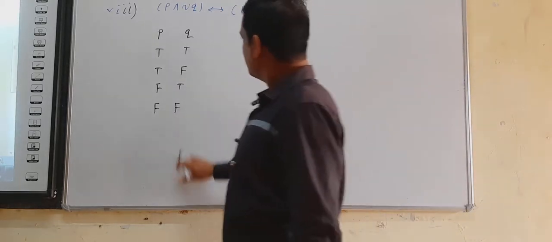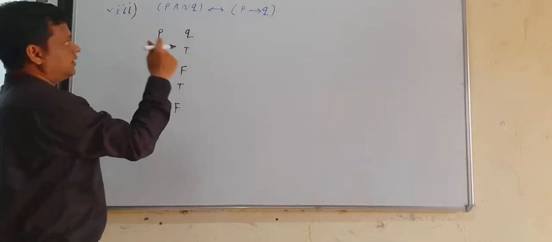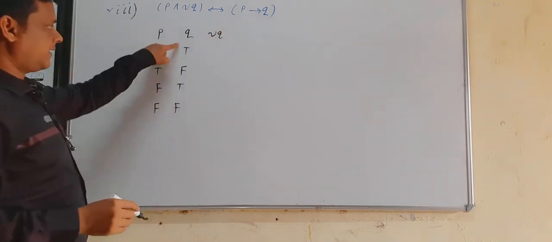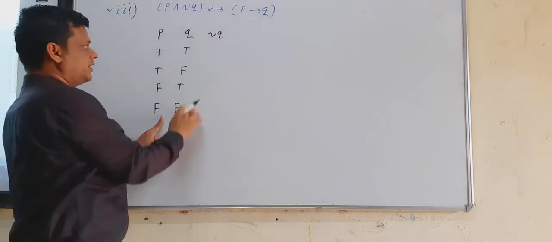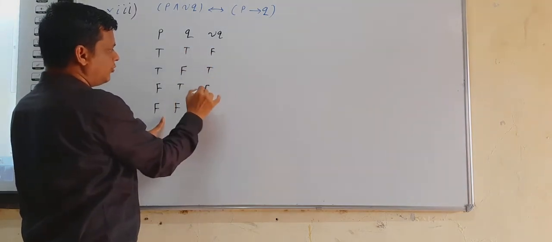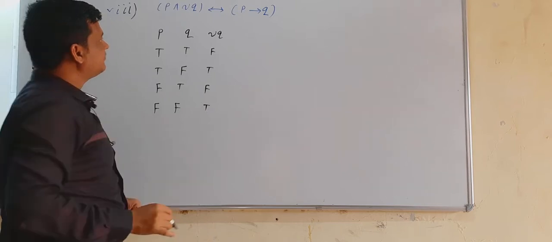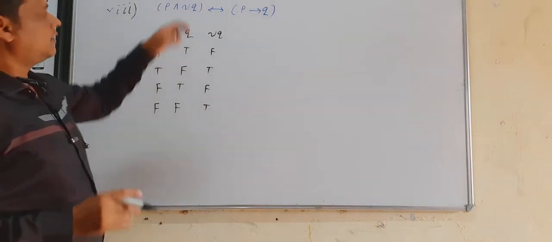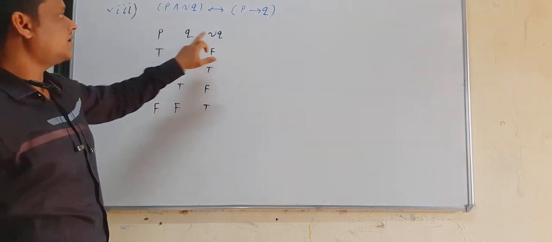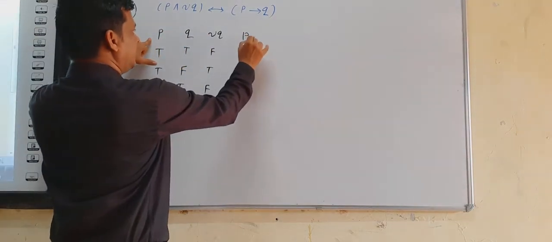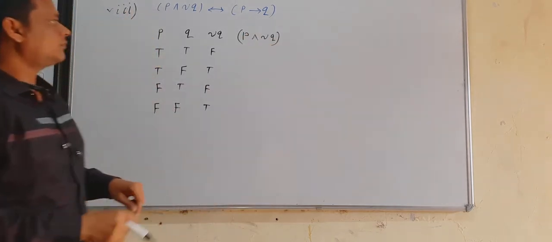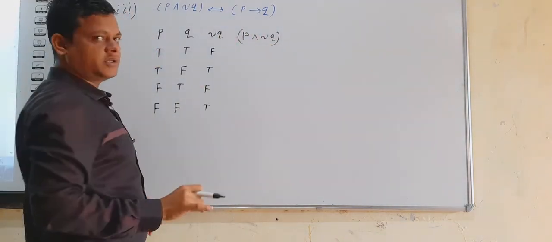Now we prepare the negation of Q. Make the negation of these entries: true, false, false, true. Then take the conjunction of P with negation Q. Apply the rule for the conjunction.